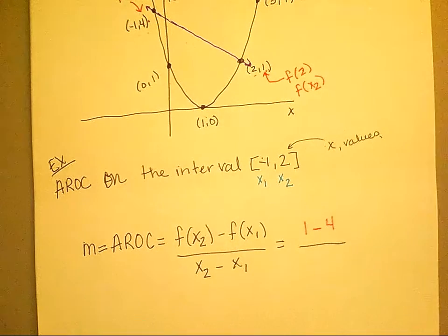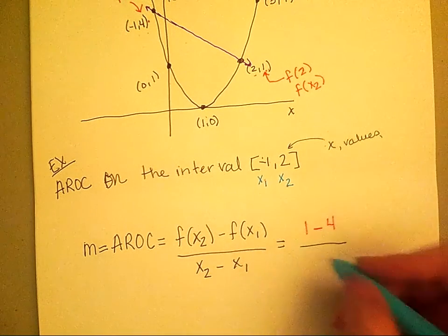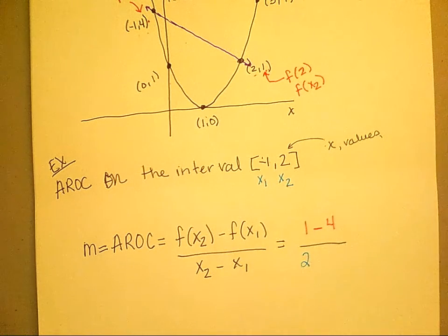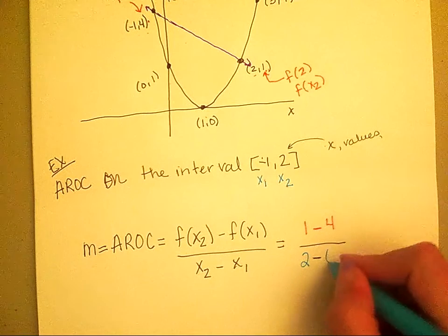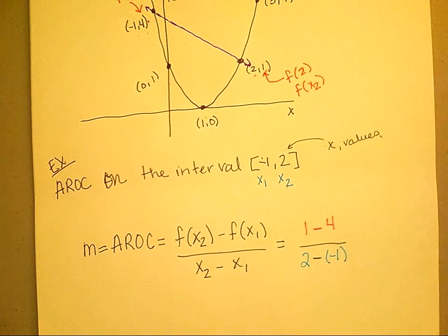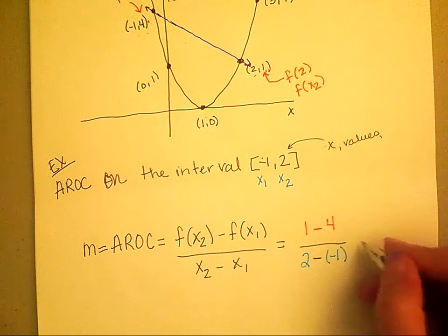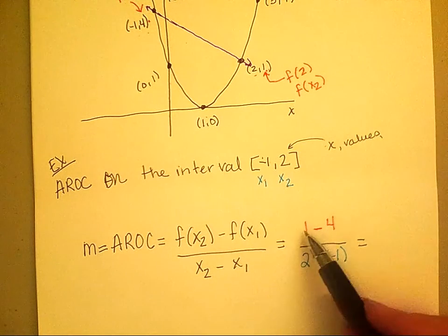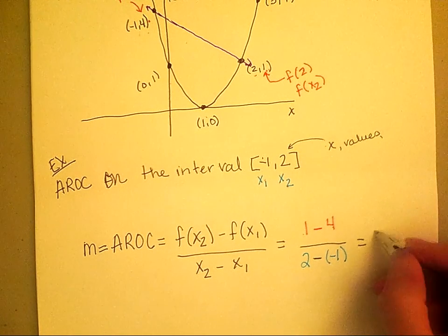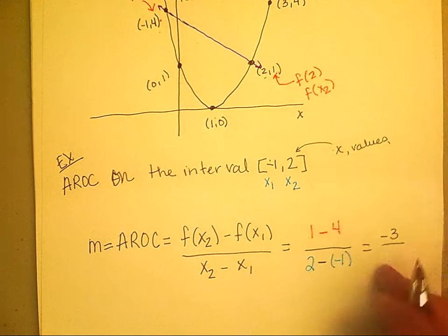Then we put a minus in from the formula. And f of x1 is 4. And then we divide that by x2, which is 2. And then we have a minus from the formula. And x1 is negative 1.